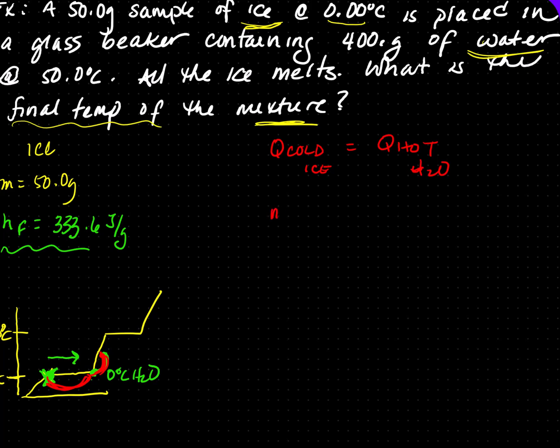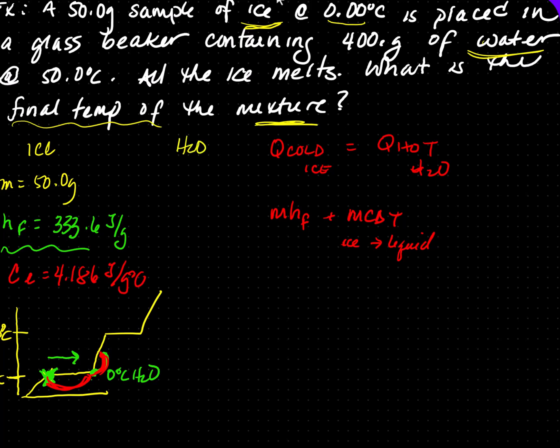The first one is m Hf plus m c delta T. This is when the ice is now in the liquid state. Since it's in the liquid state between 0 and 100, I need to use c of water, which is 4.186 joules per gram degrees Celsius.